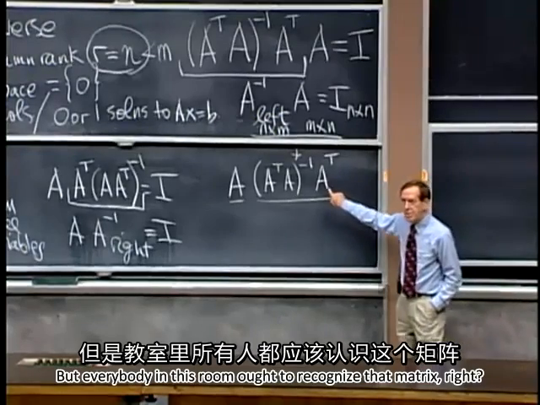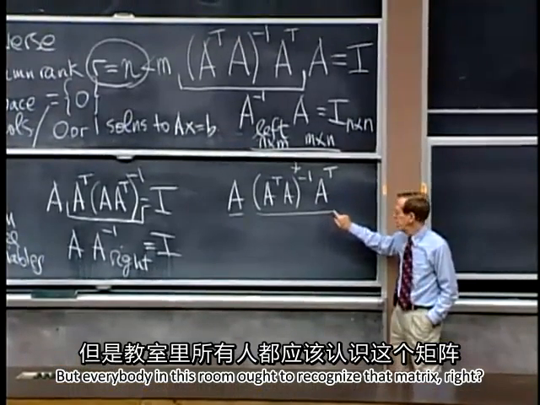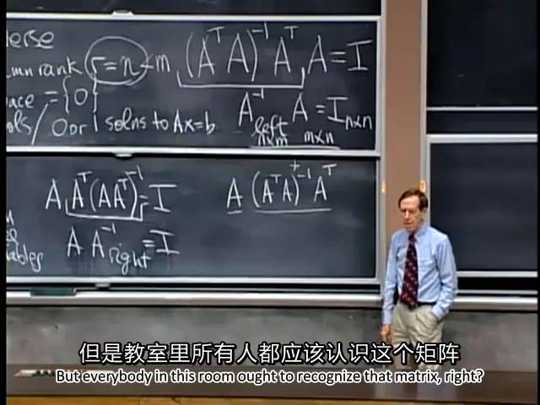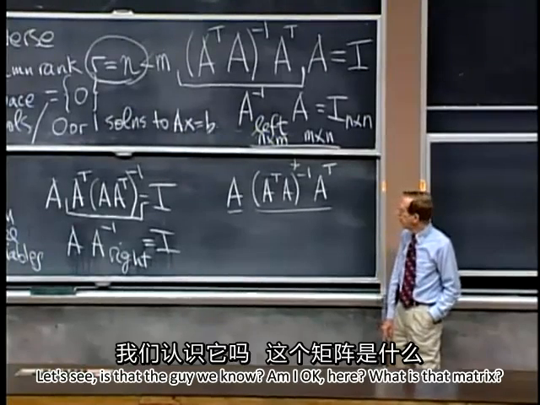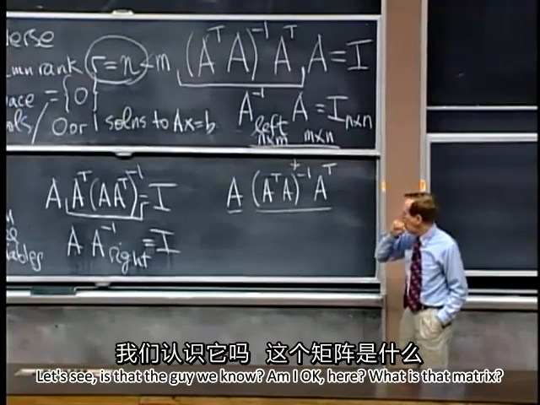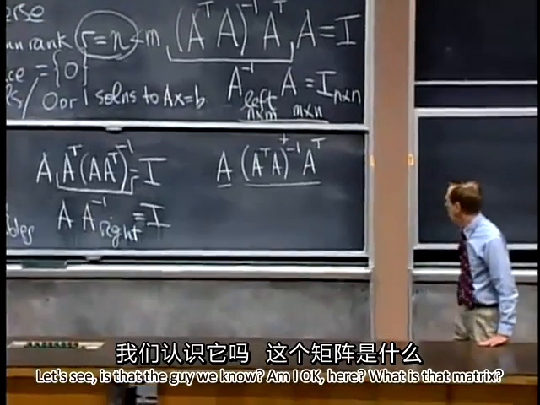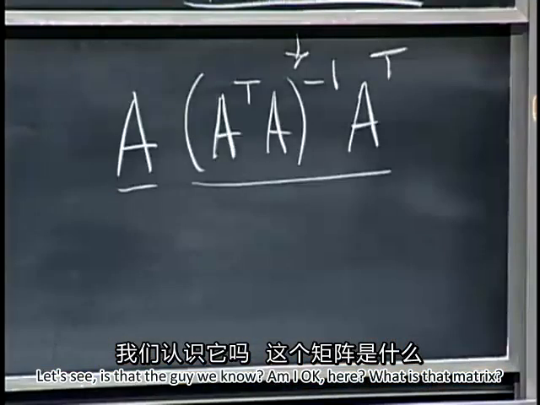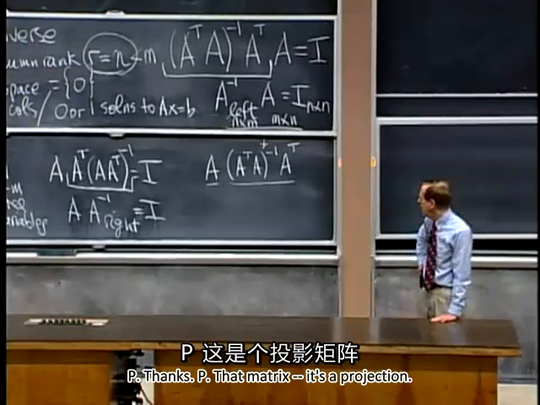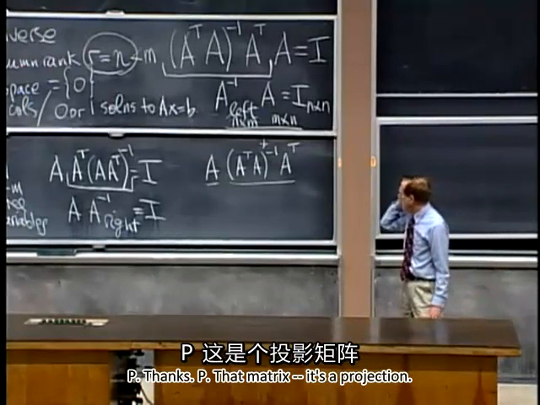But everybody in this room ought to recognize that matrix, right? Let's see, is that the guy we know? What is that matrix? P, thanks, P. That matrix, it's a projection.